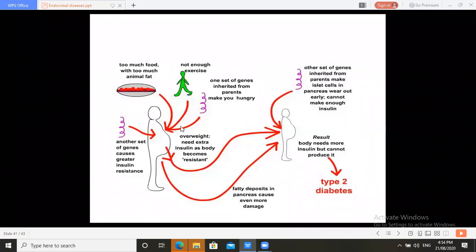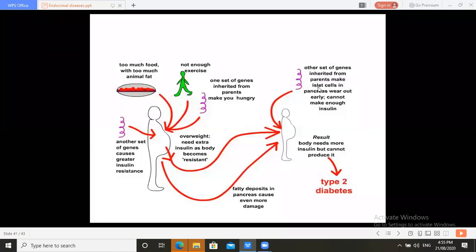So all these things cause overweight. Okay, the body needs extra insulin as it becomes resistant, and there is another set of genes which causes insulin resistance.